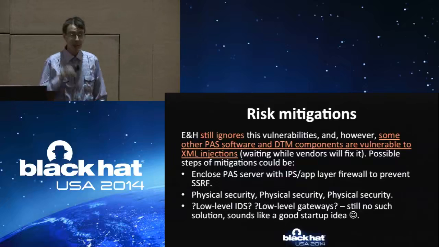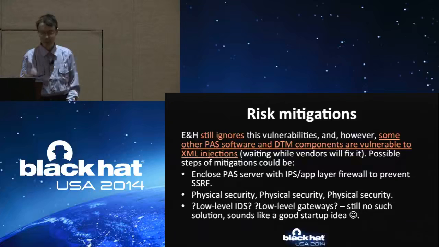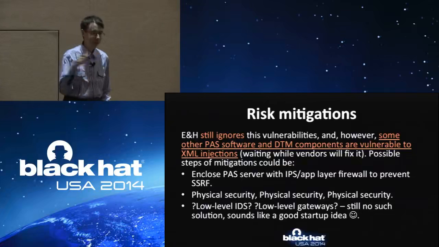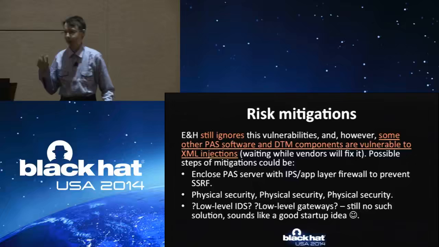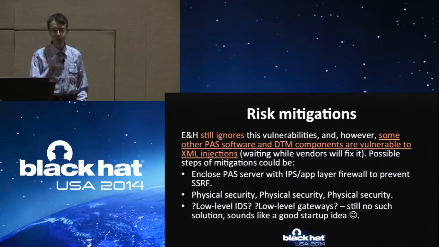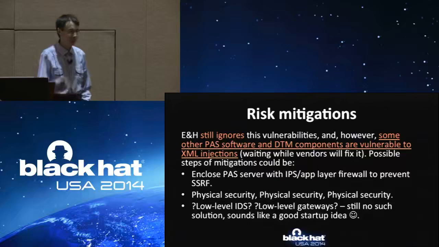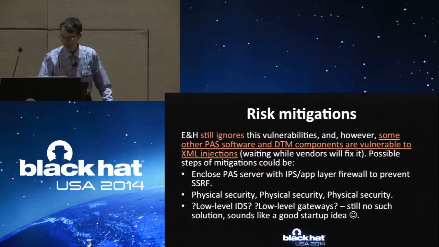And maybe someone should develop a low-level IDS or low-level gateway like the car engineers implement in the CAN buses, to divide the good packets from the bad packets. There is still no such solution, and I think it sounds like a good startup idea. I'm giving it to you. I hope someone will develop such a thing.